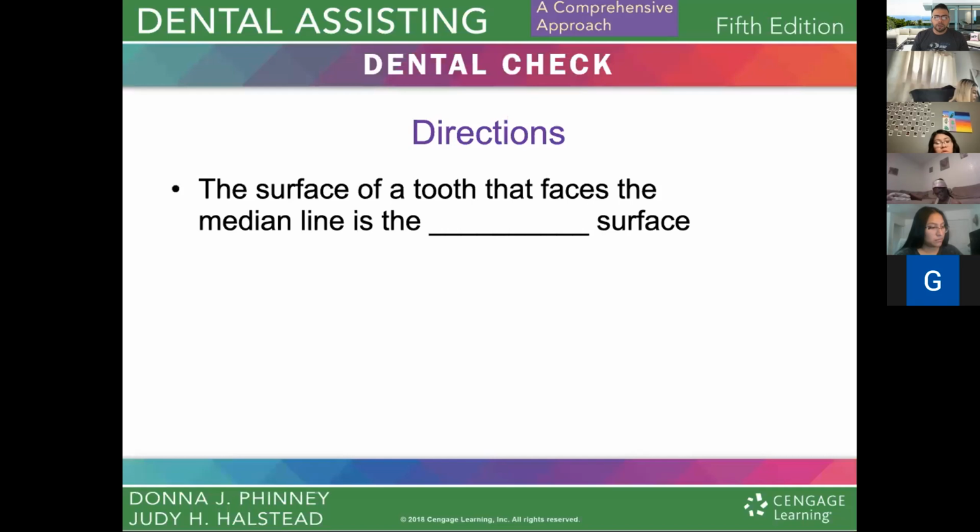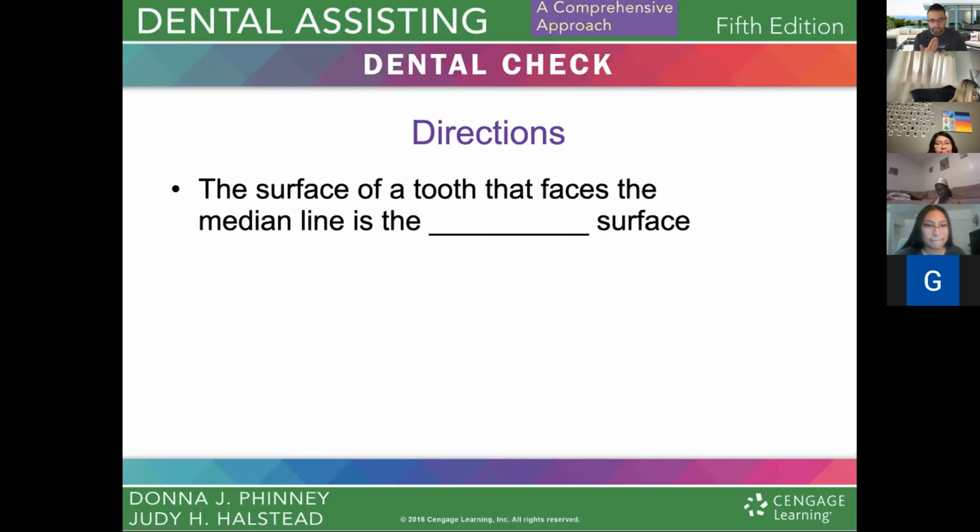All right. Who could tell me the surface of a tooth that faces the median line? What surface is that? If we think of the mid-sagittal plane, that's right in the center of the body.